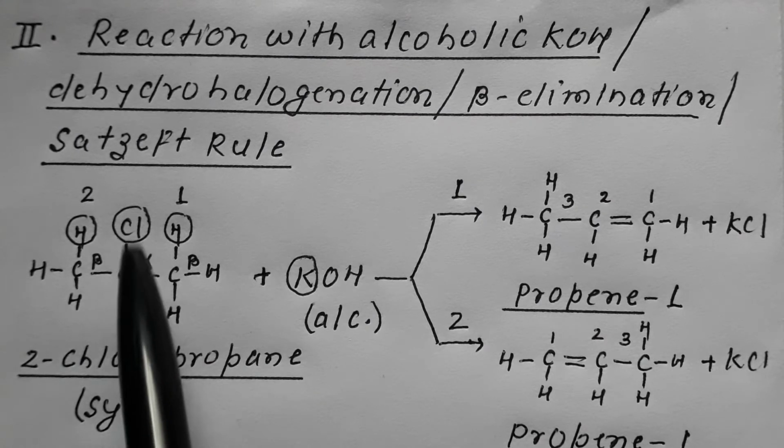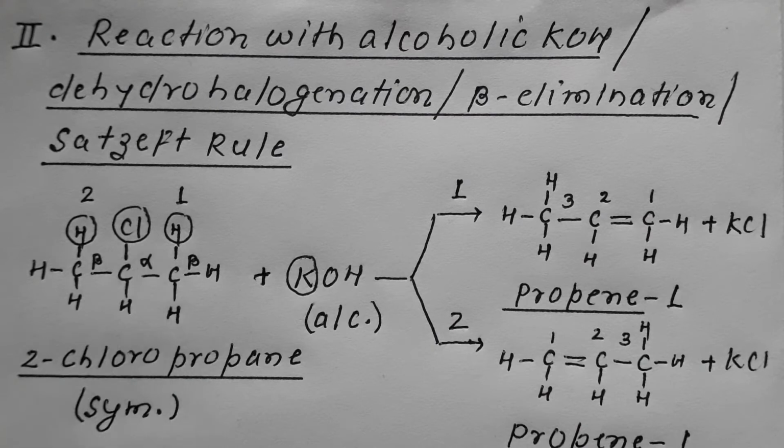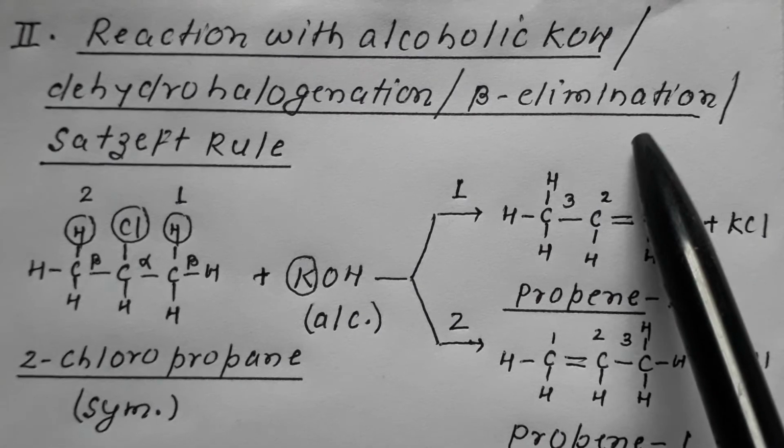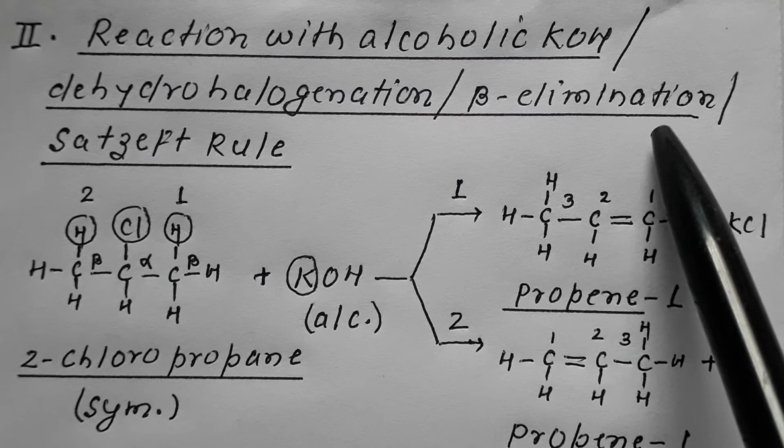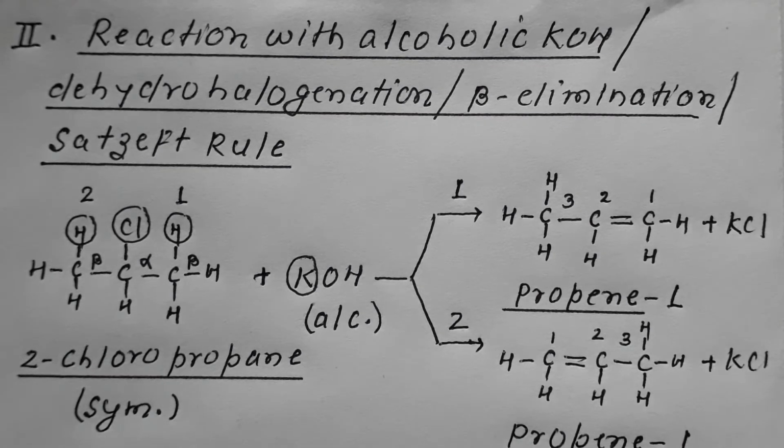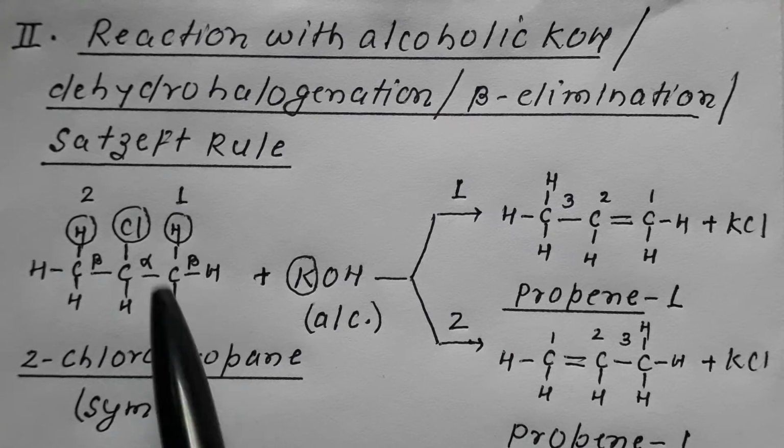And the carbon from which halo gets removed, H goes from the neighboring carbon, that is, from the beta carbon. Therefore this reaction is called beta elimination, because the hydrogen gets eliminated from the beta carbon.